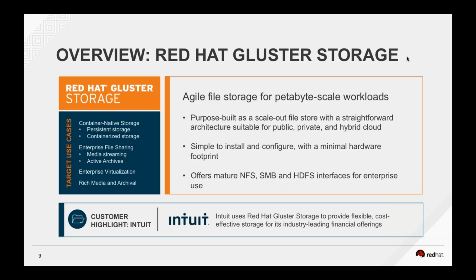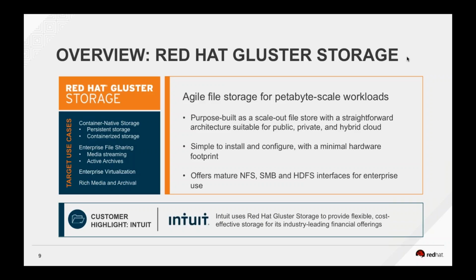Again, if you see the target use cases on the left side, there's container native storage. One of the key features for Gluster is that it provides containerized storage, persistent storage for your containers. So it's a very key, important feature, and the world is moving towards containers.